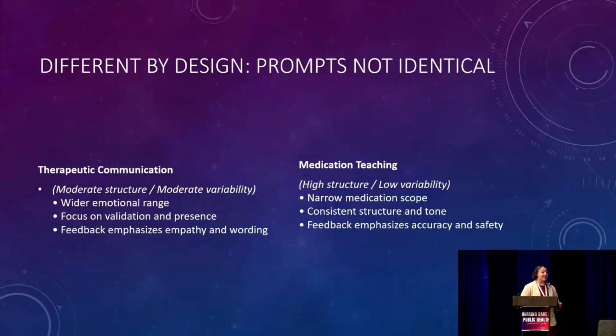Do they understand what's important if your patient's on a heparin drip? For those of you in the room, and again, I'm a cardiac nurse by trade, so we talk about those kinds of things. So it's very narrow on what happens there. And again, the emphasis is often on accuracy and safety in that situation. So the two different prompts I'm going to walk you through today, one's going to be from my therapeutic communication side and one's going to be from the medication teaching side.